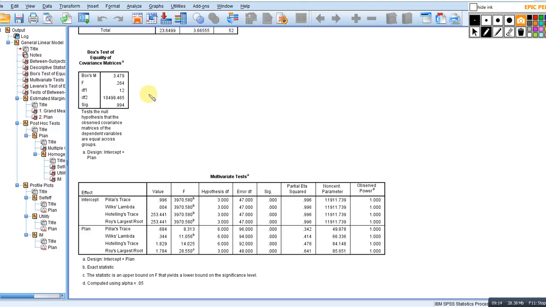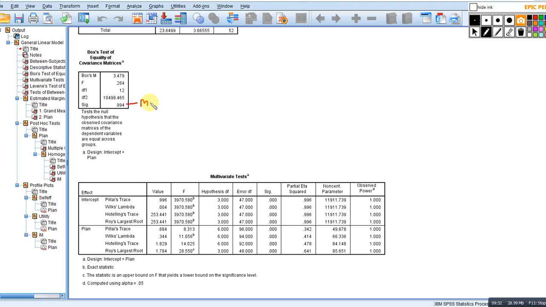So in this particular case, what we're looking for is a p-value that is greater than, say, 0.05. And in this case, it actually was, so we could infer that our assumption is met.